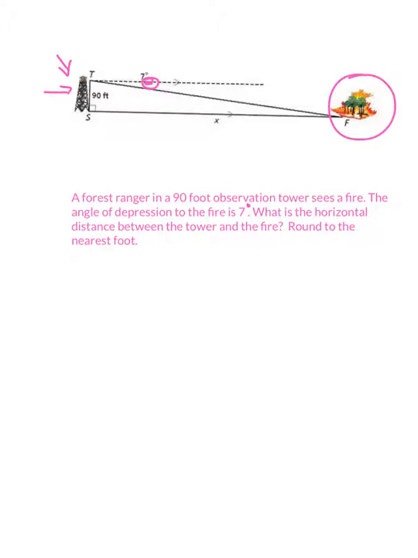Now we also know that 7 degrees is outside of the triangle that I want to work with. But we talked about earlier that because I have two horizontal lines here and here, that I have alternate interior angles. So it actually becomes 7 degrees inside as well. The directions ask for the distance between the tower and the fire, which is x. So again, I have 7 degrees, so I can use my tangent function.